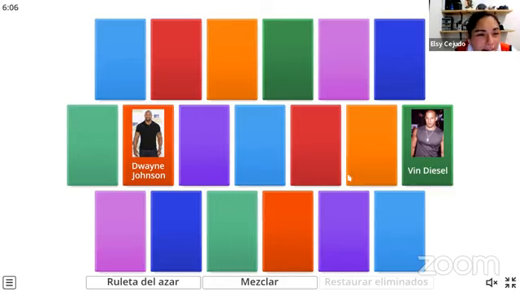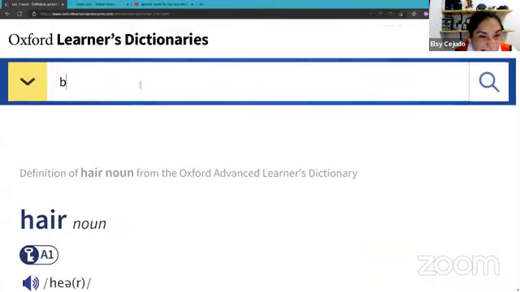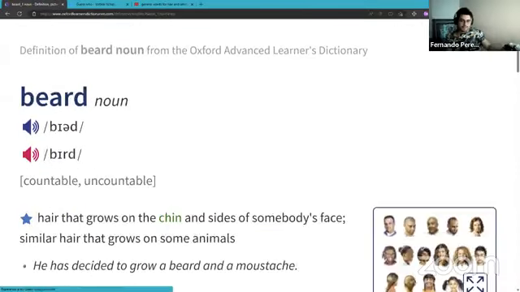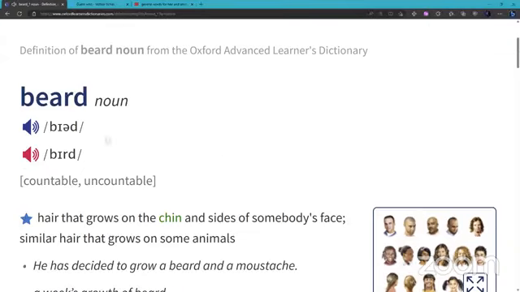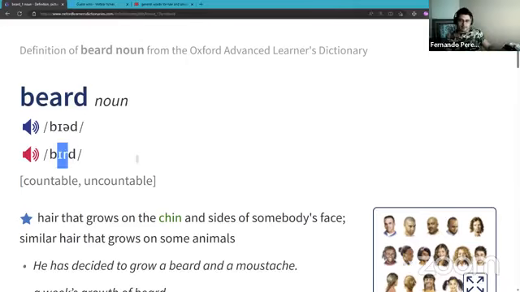Bird? Bird is different. Bird is the animal. The pronunciation for this is beard. Does the person have beard in this photo? Pronunciation.